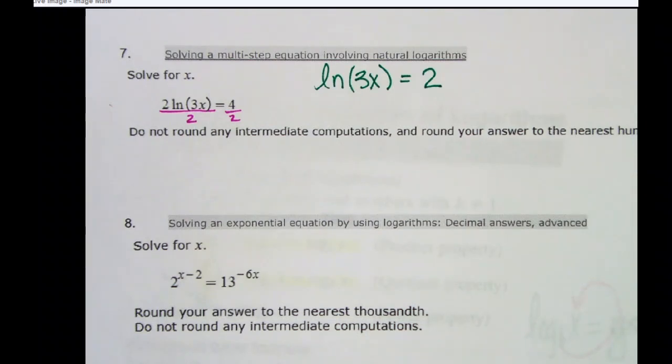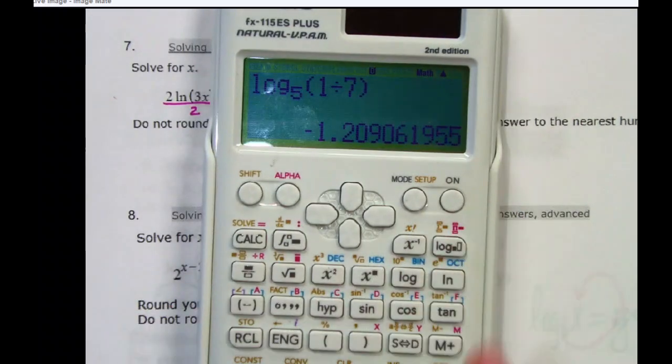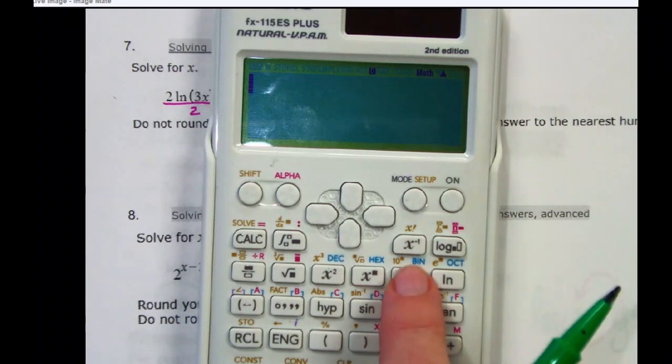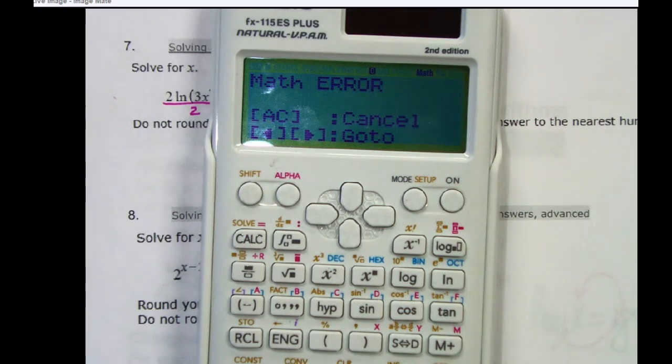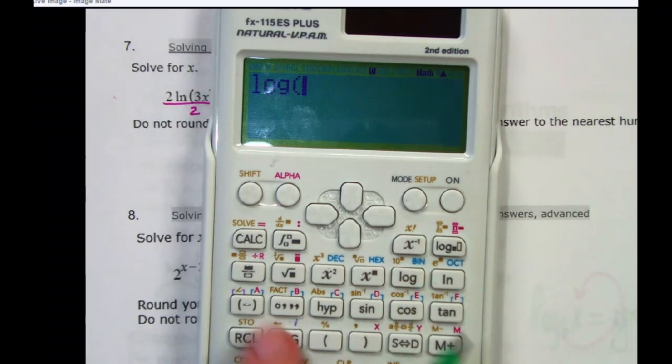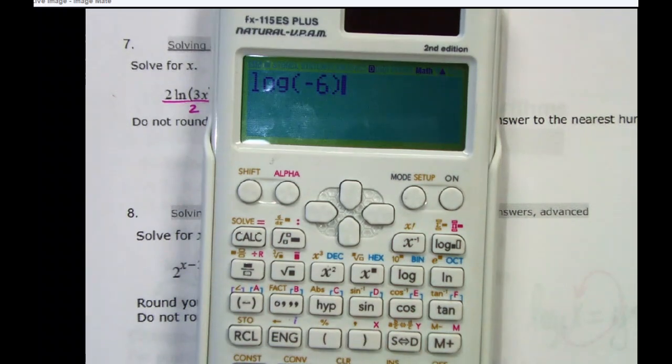Hey, do you remember what numbers we can't take the logarithm of and that we've always got to check our solutions? Can I take the log of 0? No. Can I take the log of negative numbers? No. Okay, I know you guys told me there's negative in here somewhere. Oh, yeah, you can.